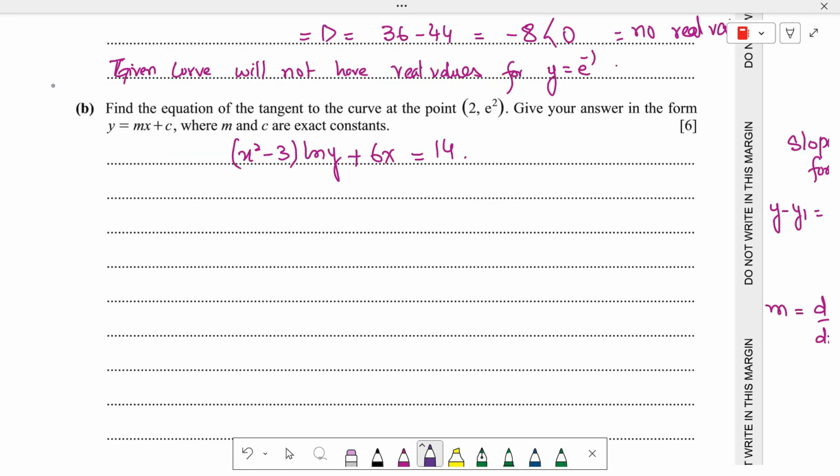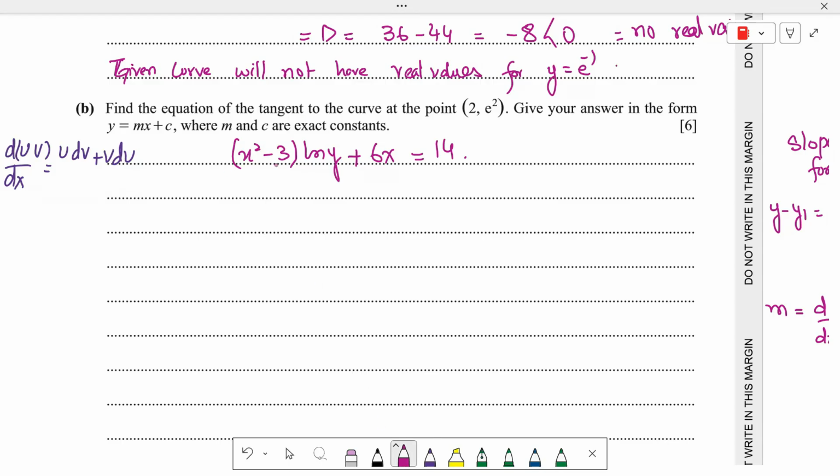In this case, we will use the quotient rule, and we know that the quotient rule is d(uv)/dx is u times the derivative of v plus v times the derivative of u. So let's apply it.